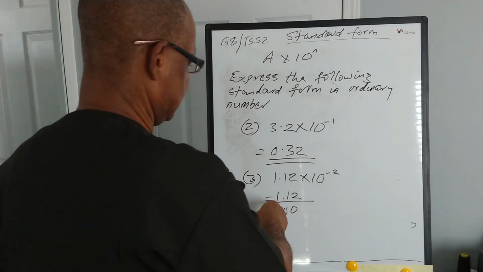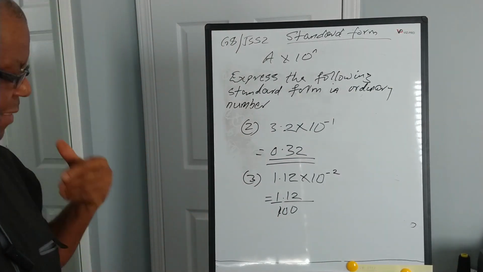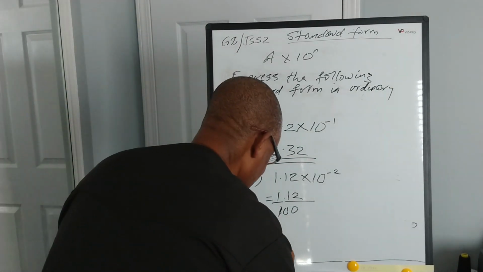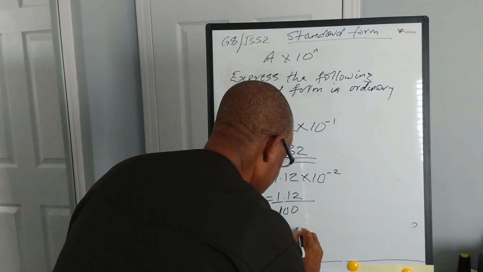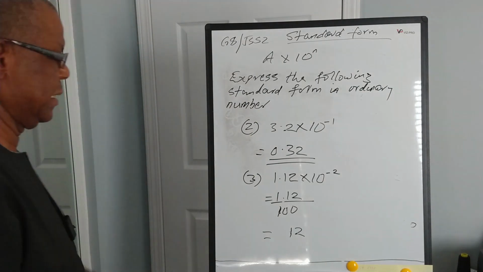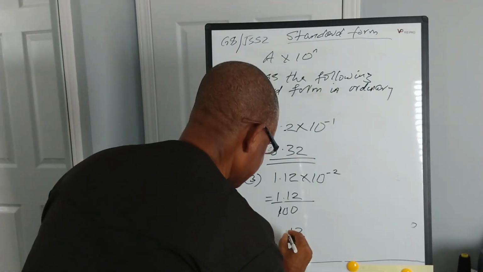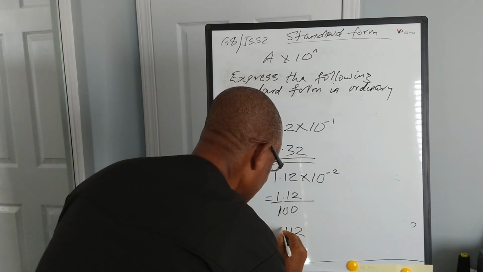So this decimal point will move 1, 2 places to the left, and that will give us, we have 2, 1. This is not affected by that movement. So we start from here. This is now 1, 2.